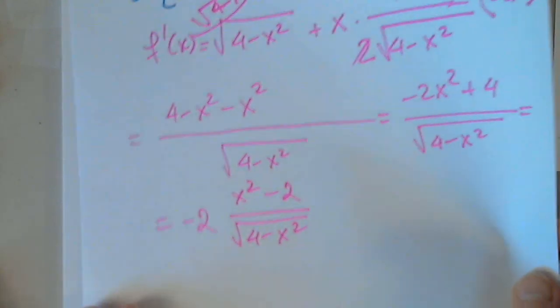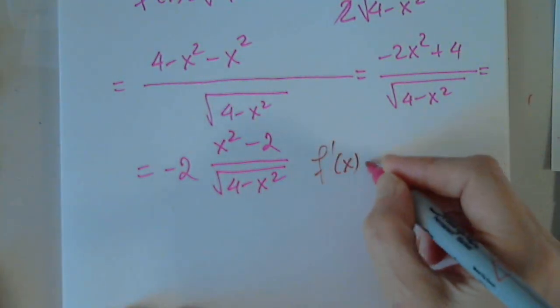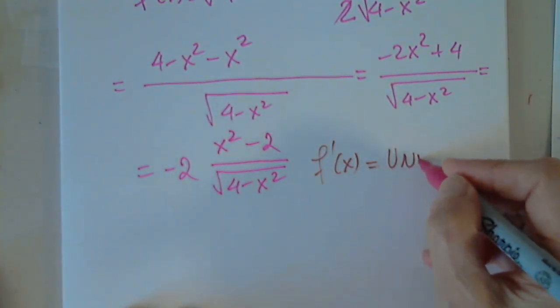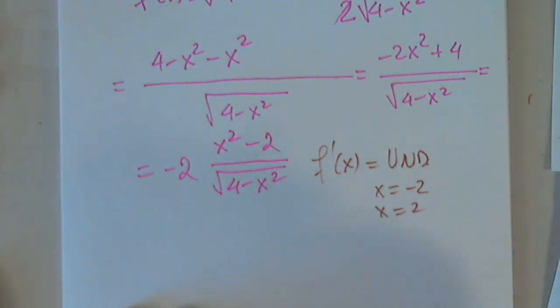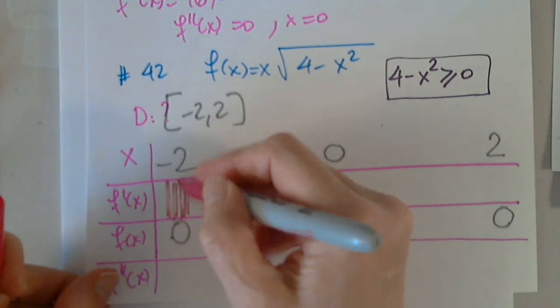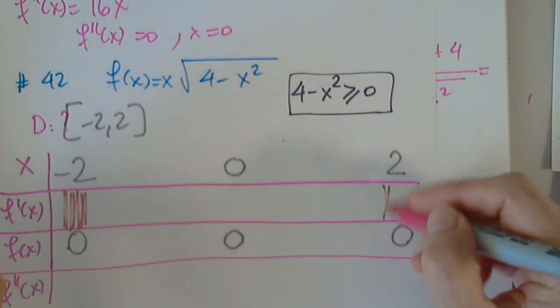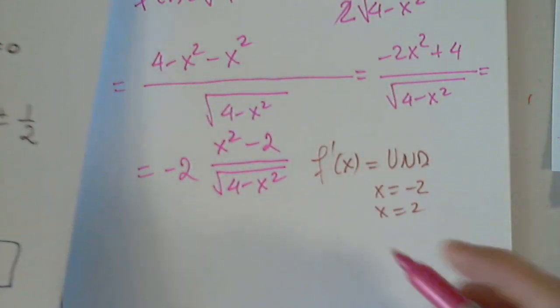Yes, it has critical numbers coming from f prime being undefined. F prime of x being undefined, yes, at negative 2 and 2. Undefined. And it can also be 0.